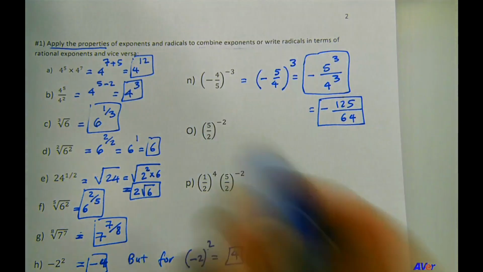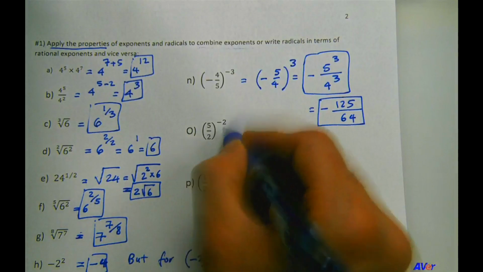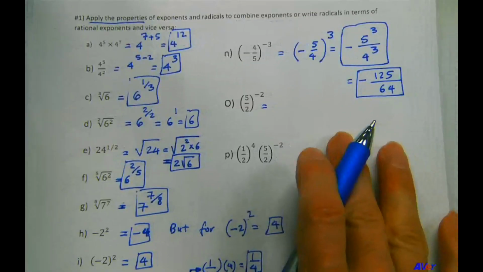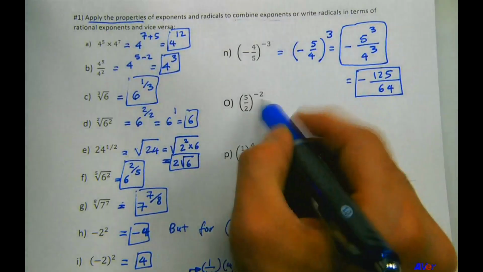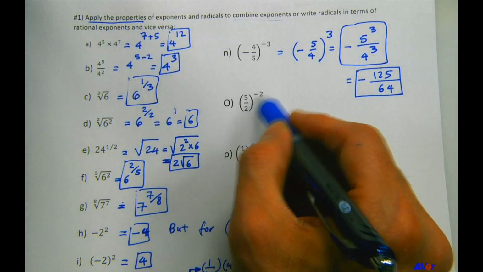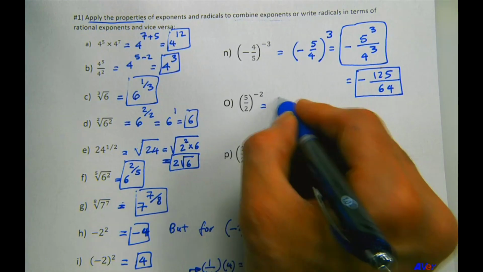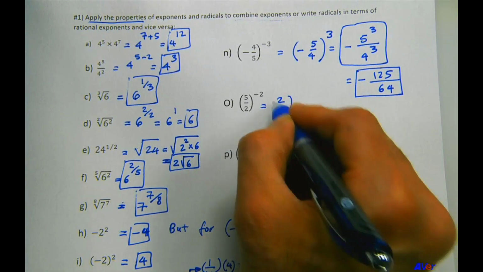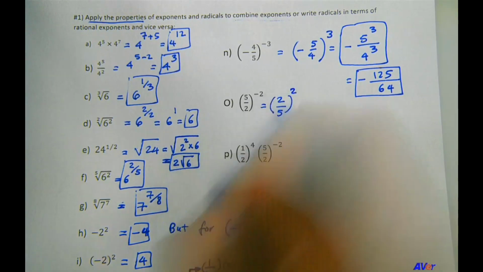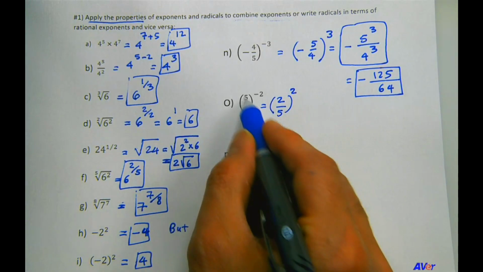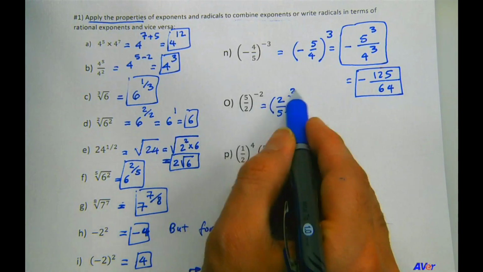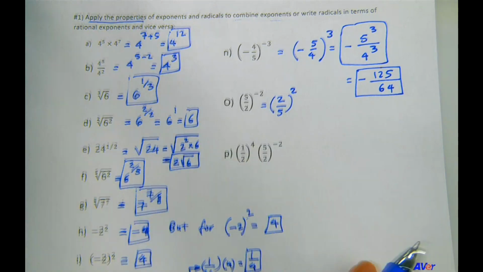Okay. So this one, the same story. In mathematics, we do not like a negative power. We want to get rid of it. Now, this is a fraction, so we can flip the inside, 2 over 5, to positive second power, right? That's all we have to do. Flip the inside, and the power on the outside automatically changes to positive.